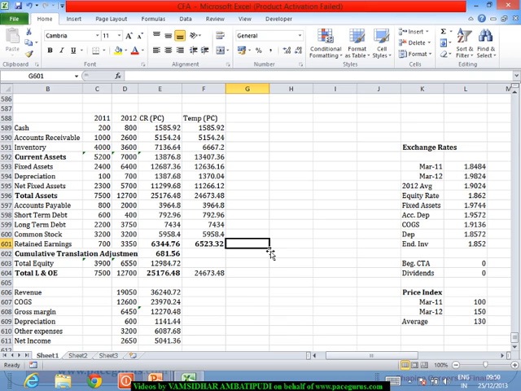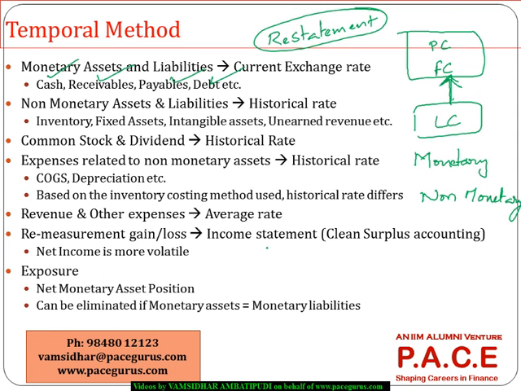Now coming to the income statement, what we'll handle first are the expenses that are related to non-monetary assets. Relating to inventory, what is there in the income statement? COGS, cost of goods sold. Relating to fixed assets, what is there in the income statement? Depreciation.